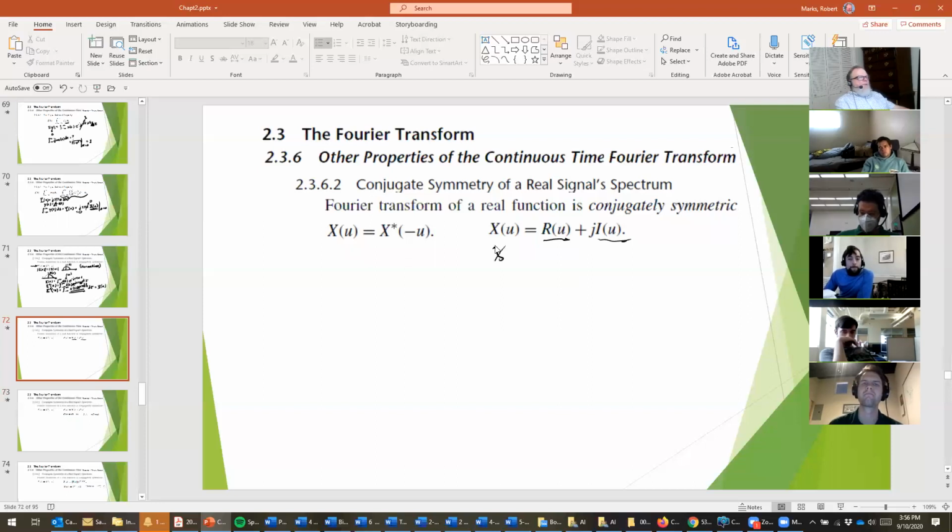X conjugate of minus u must be equal to R of minus u minus j times the imaginary part of minus u, right?